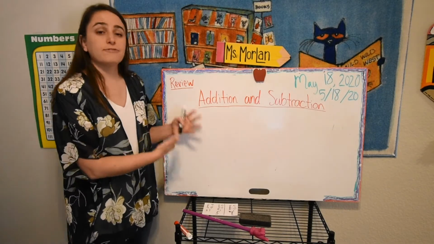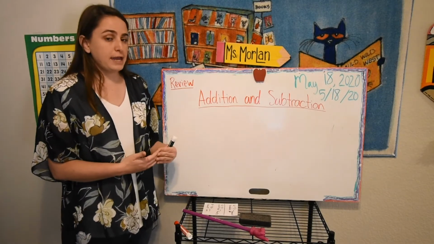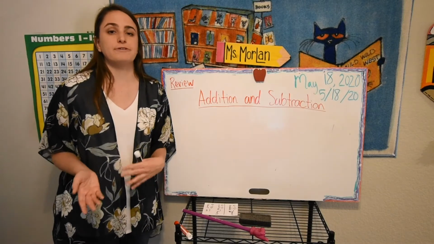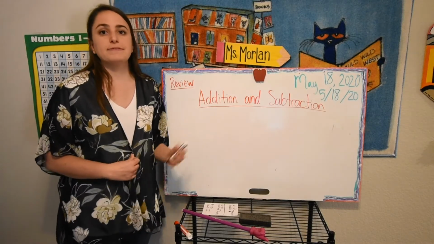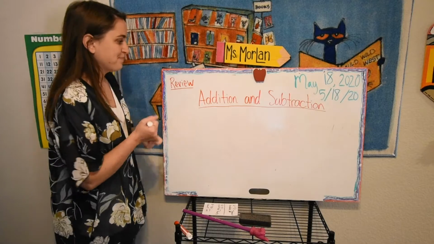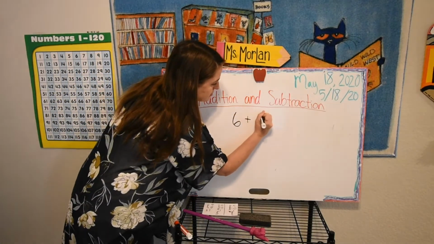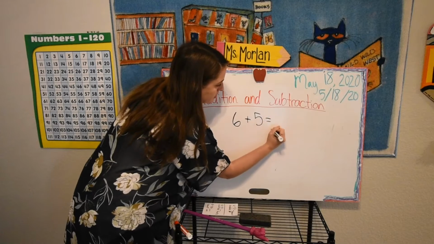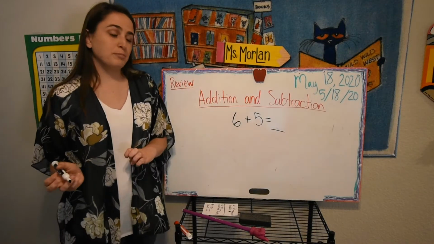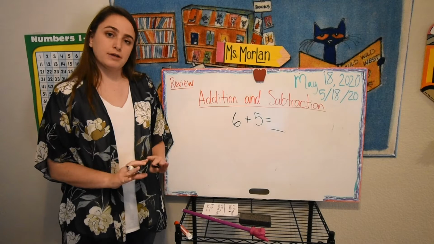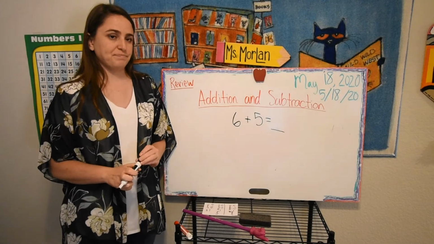Remember, we've learned different strategies, so it's okay if you solve it a different way, as long as you get the same answer, okay? All right, so the first problem is 6 plus 5. Okay, so everyone write that on your boards, and make sure you pause the video to solve it.